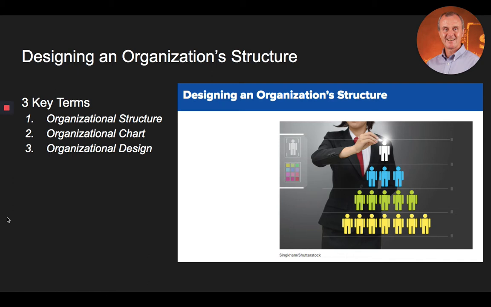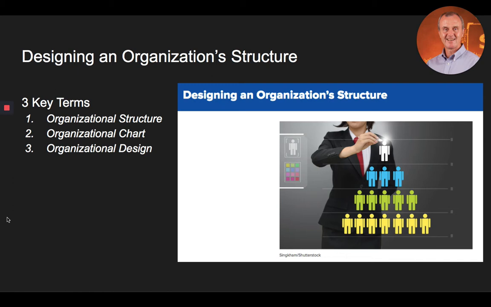No one has ever seen or touched one. In fact, its mere existence is only revealed within an organizational chart, which is a visual representation of how an organization is structured. It is because of this intangible nature that determining or defining an organization structure is not an easy task.